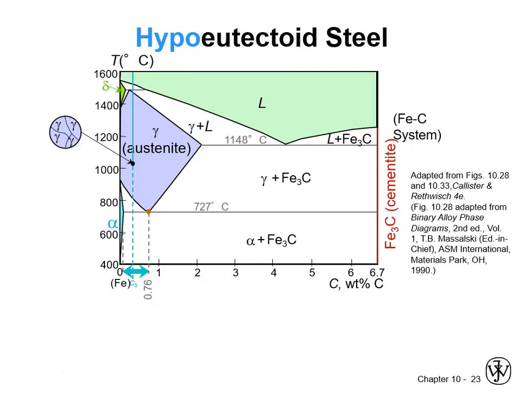So if we looked at that up at around 1000 C, it would be all gamma. And then as we cooled it down, it would hit a two-phase gamma plus alpha region. And this time we are definitely seeing that alpha forming on the gamma grain boundaries.